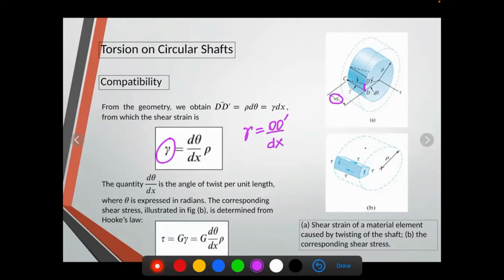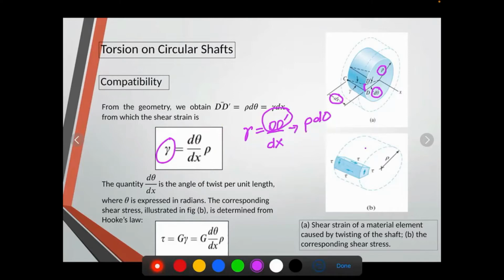Now, if you notice, this DD prime is an arc length, diba? The formula for arc length is rho, kasi rho yung ginamit natin na radius, times the angle, which is your d theta. So, we will replace this with rho d theta all over dx. So, the shear strain is equal to d theta over dx.